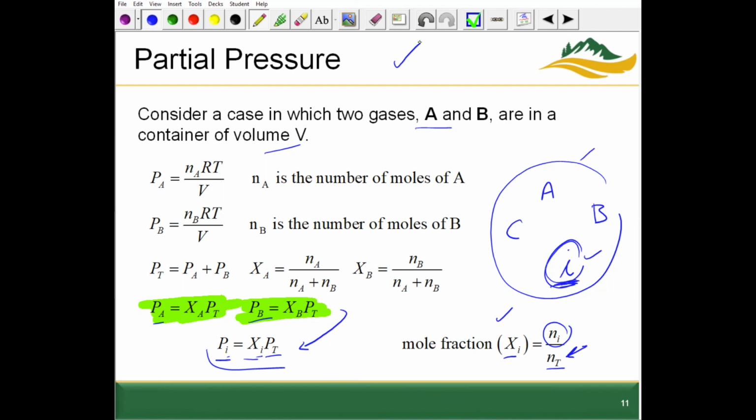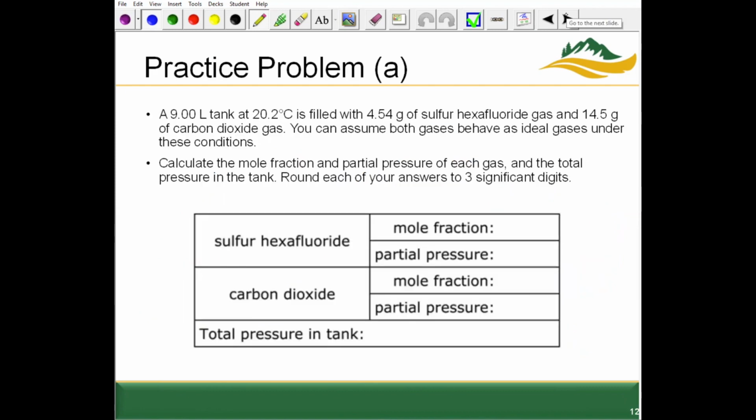We did that previous practice problem from that image. We're going to do a little more practice on partial pressures now. We have a 9.00 liter tank at 20.2 degrees Celsius filled with this many grams of sulfur hexafluoride.